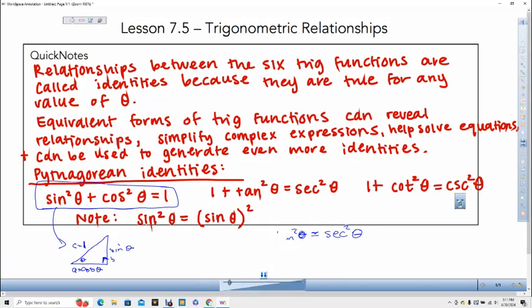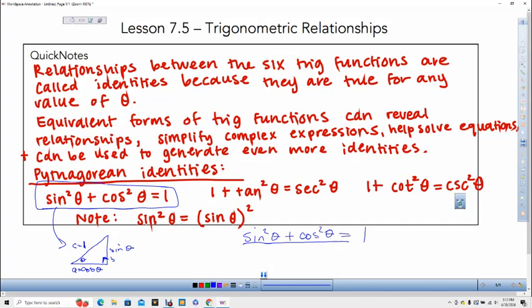So let me show you how you actually get that. We're going to start off with this thing. So sine squared theta plus cosine squared theta equals 1. And what we're going to do is we're going to divide both sides by cosine squared.